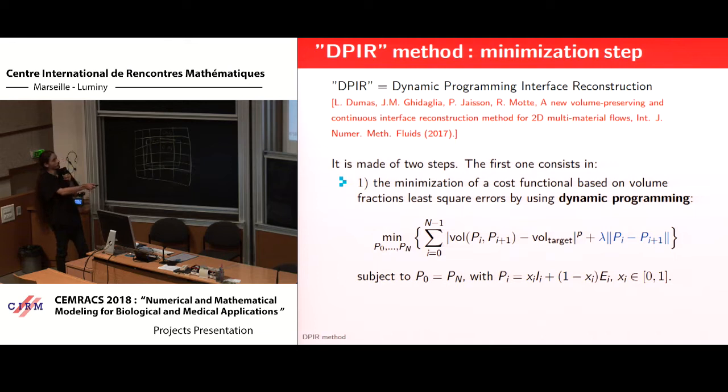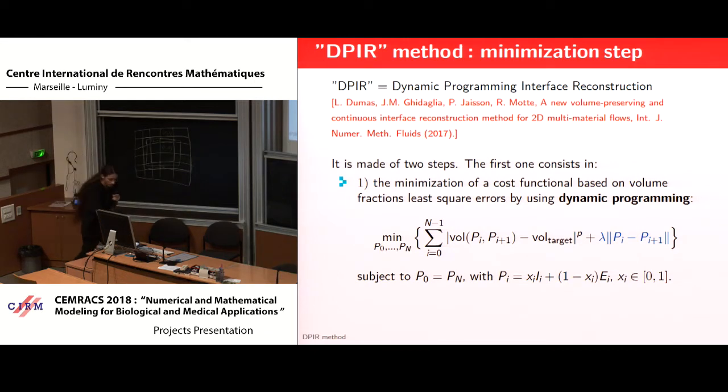Okay, so you see here with these notations, I indexed by i the internal point. So for P0, this is this one, and Ei is this point.